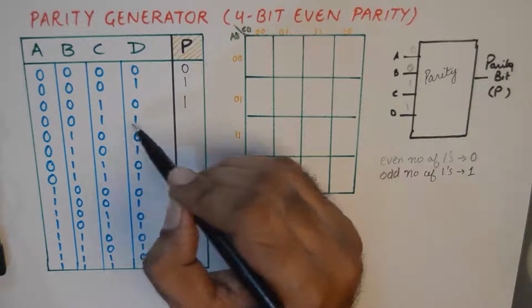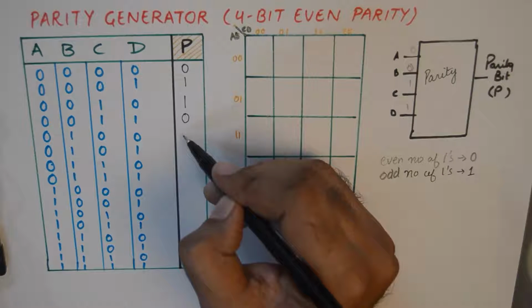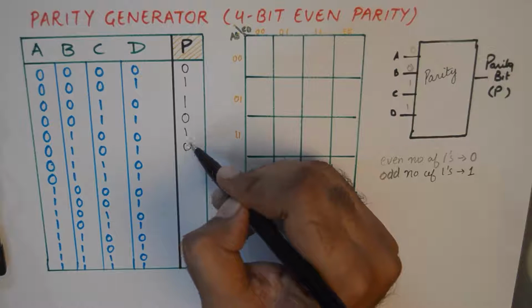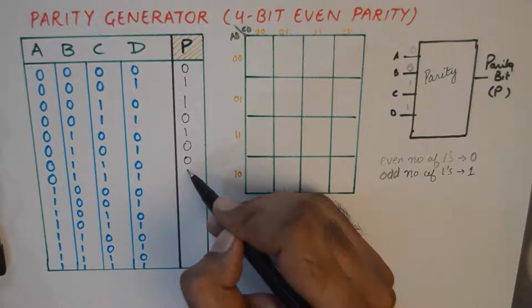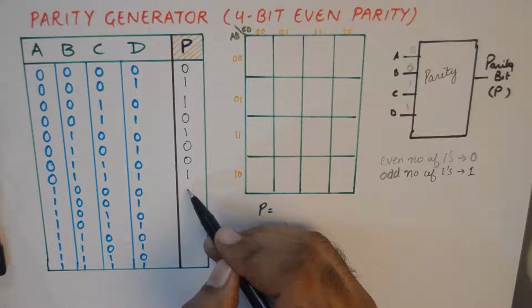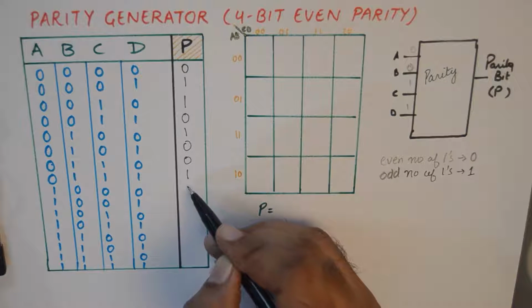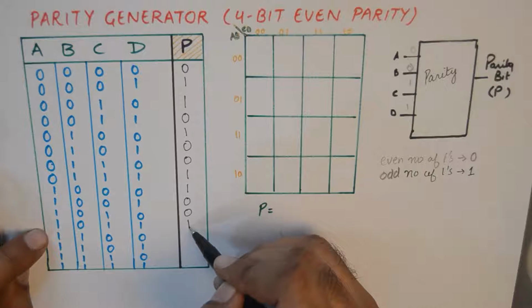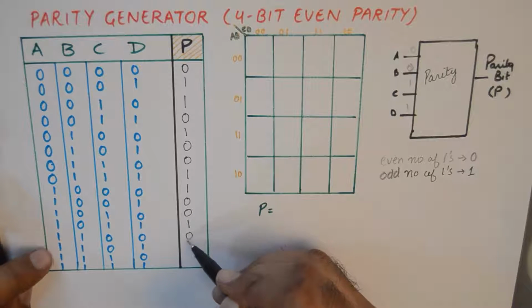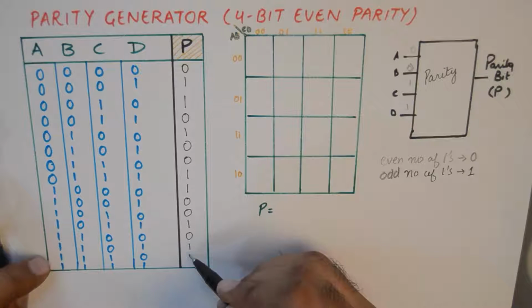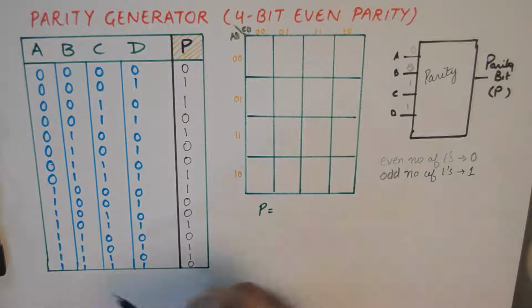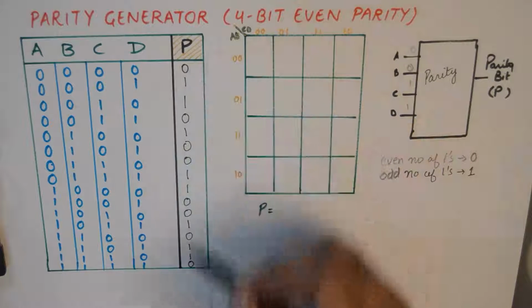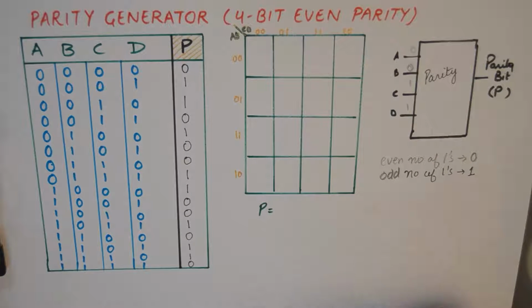Over here we have 2 ones in the input, so we'll put a 0, then we put a 1, a 0, a 0, then a 1, and 1 again, and a 0, and a 0, then we have 1, then 0, and then 1, 1, and 0. Depending upon the number of ones in the input stream, we have filled up the output column.